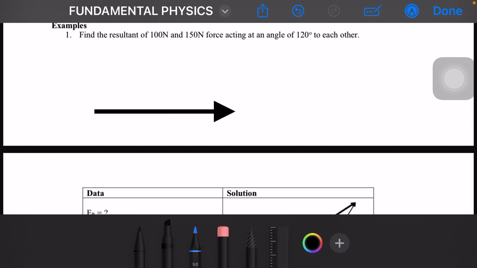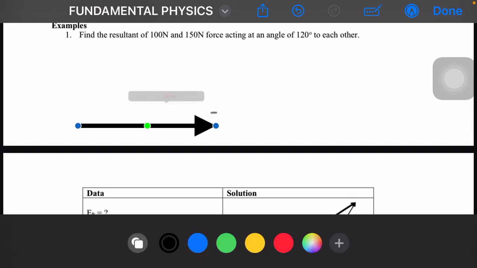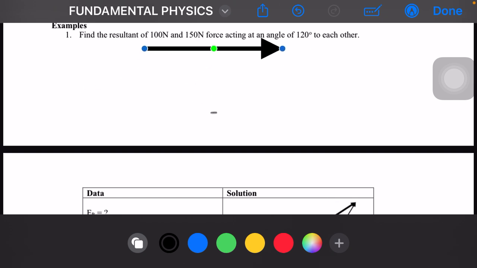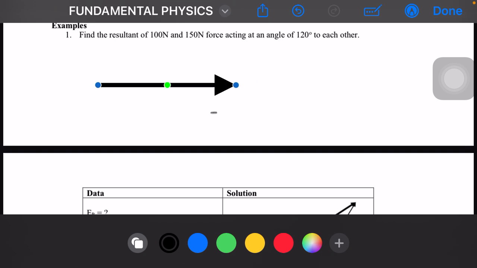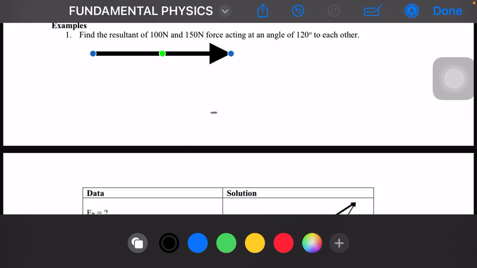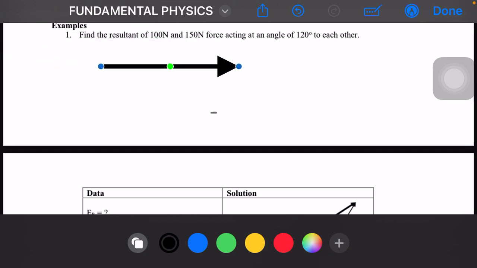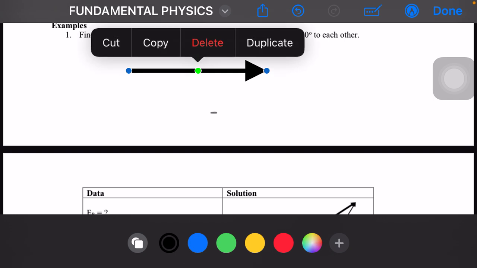So obviously, when they give you an angle, you're supposed to know that it's above 90 degrees, so it's not perpendicular. So we're going to use the cosine rule to find the resultant of these two vectors. One vector is 100 newtons, the other one is 150 newtons.